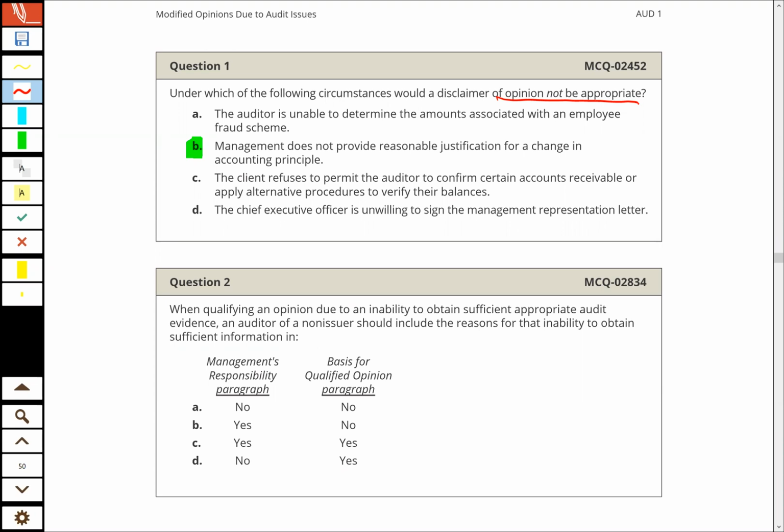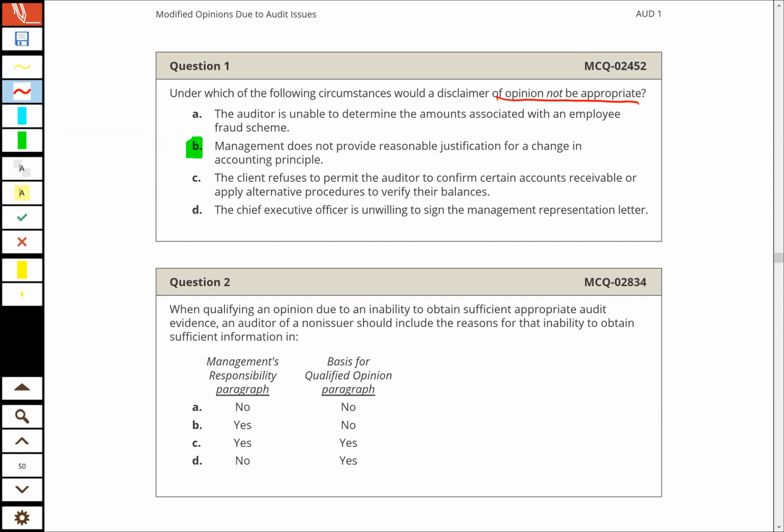Let me keep reading. The client refuses to permit the auditor to confirm certain accounts receivable. That's a scope limitation imposed by management. Management is refusing to permit us to do something. I might very well be on the disclaimer side because now I've had a limitation imposed by management. The chief executive officer is unwilling to sign the management representation letter.